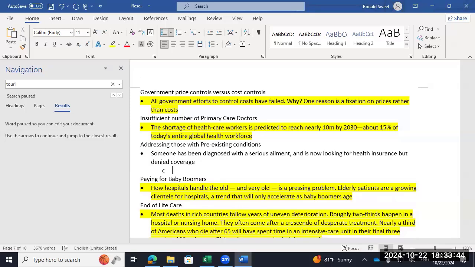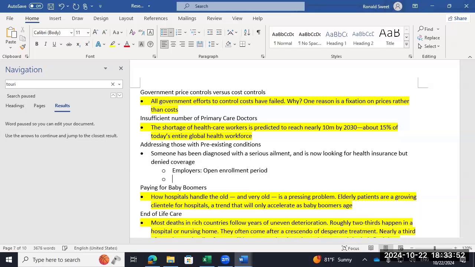So employers handle it. They have an open enrollment period. What that means is if you have an ailment and you don't buy insurance, sometime in November, say you break your leg in February, if you can wait it out until November, you can apply for health insurance in open enrollment, and they've got to cover you even with a pre-existing condition.